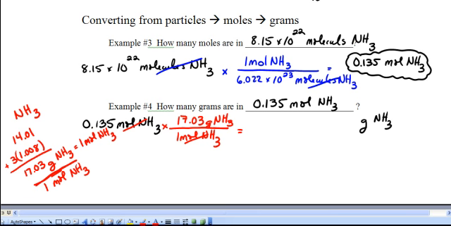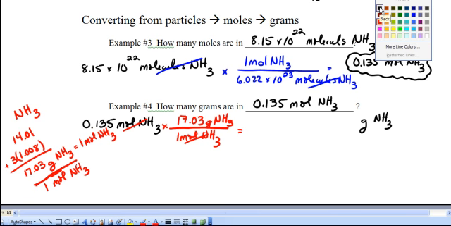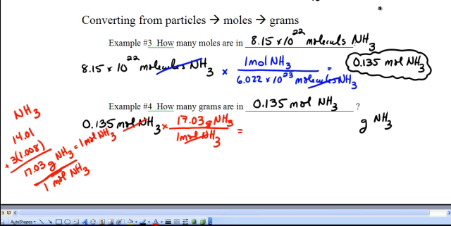You're left with grams. You're looking for grams, and so when you perform the calculation, 0.135 times 17.03 divided by the 1, I'm getting 2.30 grams of NH3. So that is the mass in grams of 0.135 moles of ammonia, which is the same as 8.15 times 10 to the 22nd molecules of ammonia.